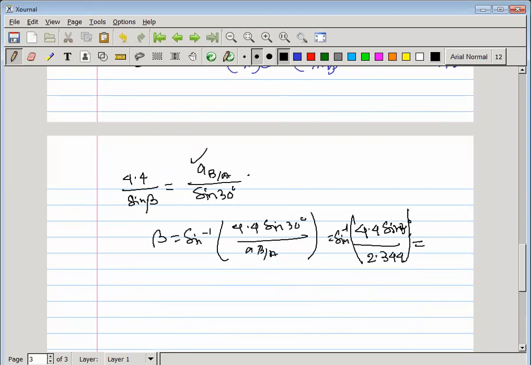So beta is 16. How will it come like that?